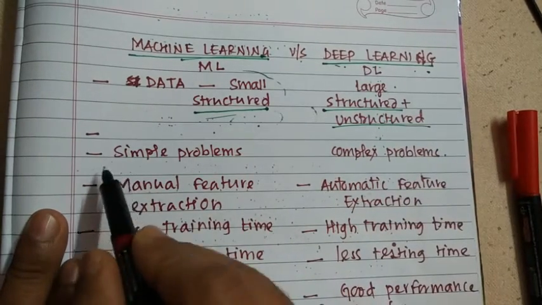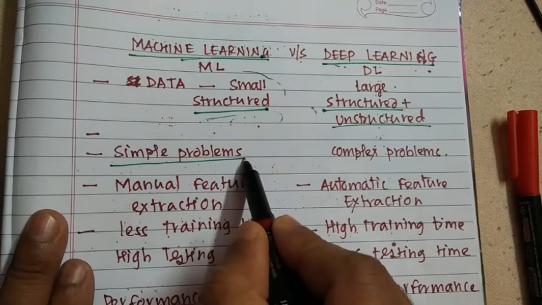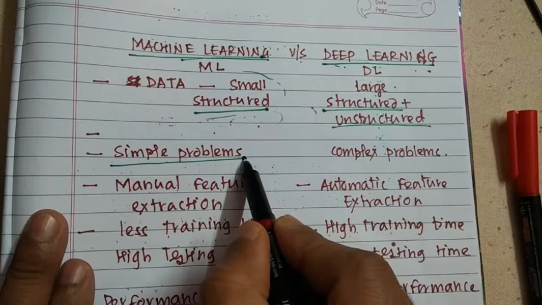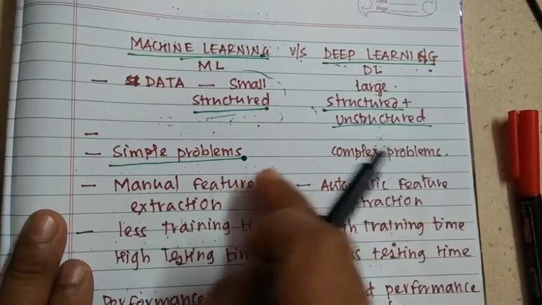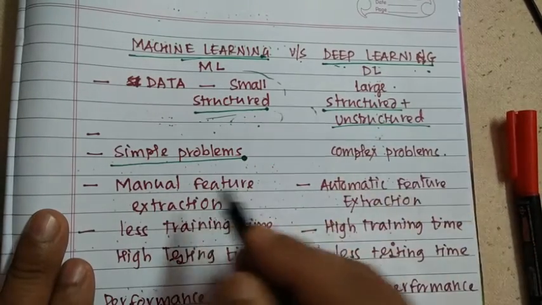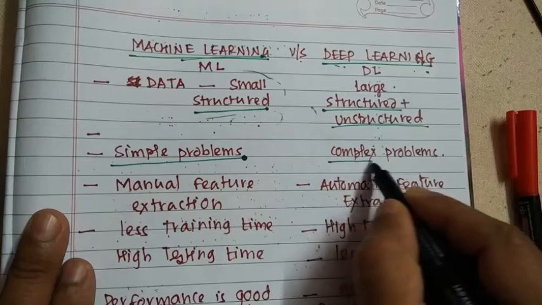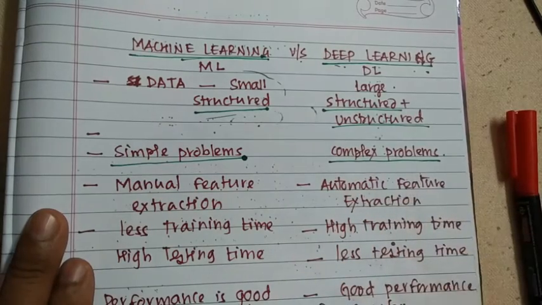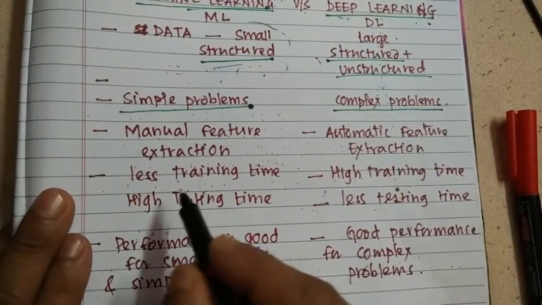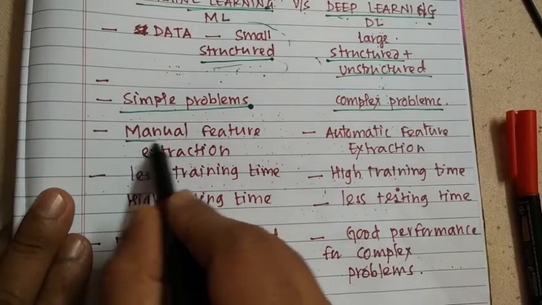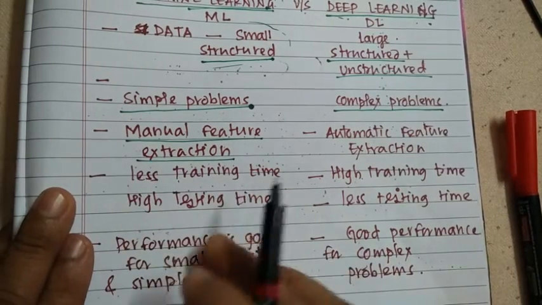Machine learning can be used for simple problems, for prediction purposes, if there is a small number of dimensions or features. But deep learning can be used for complex problems. In machine learning we have to manually extract the features.